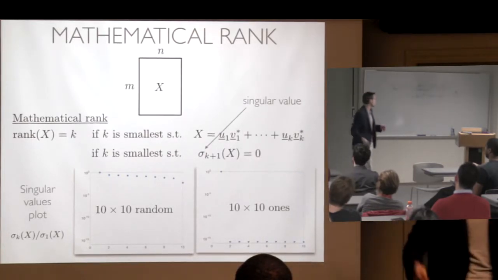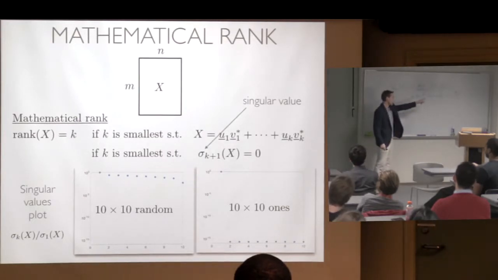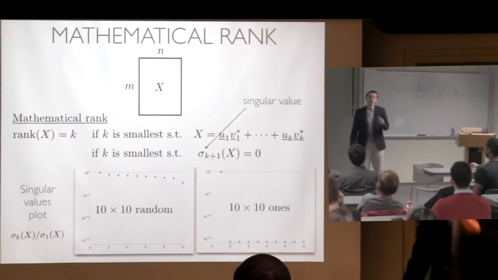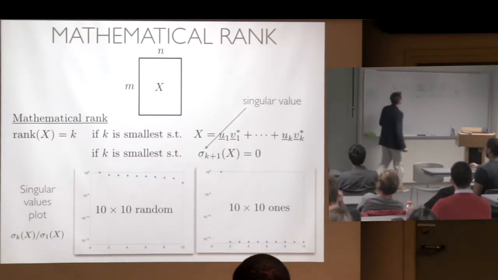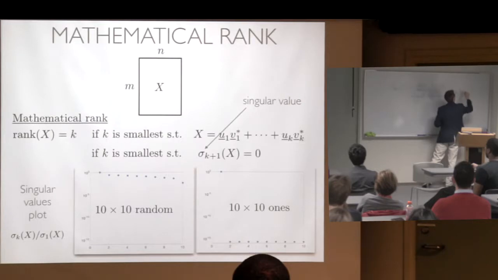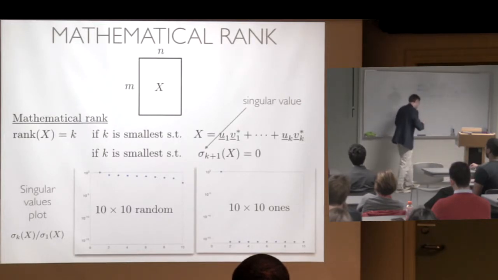If you don't know singular values, you take X transpose X of your favorite matrix and ask about the eigenvalues of that. The square roots of the eigenvalues of X transpose X are the same as the singular values.